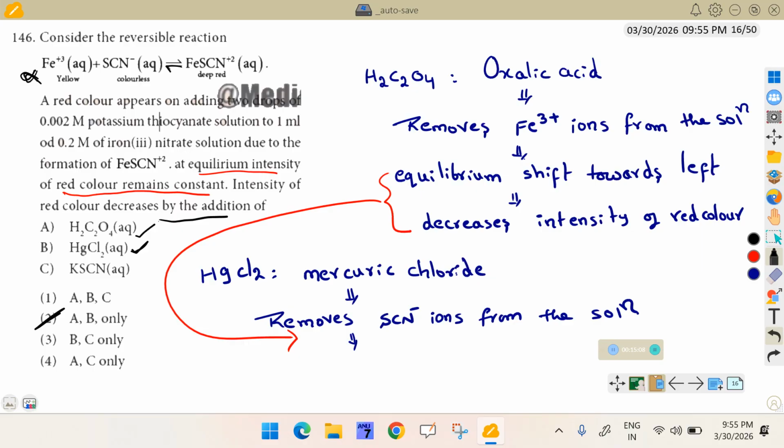So the intensity of red color decreases. HgCl2 removes SCN- ions from the solution. So the equilibrium again shifts towards the left side because the reactants concentration decreases. So the intensity of red color also decreases.